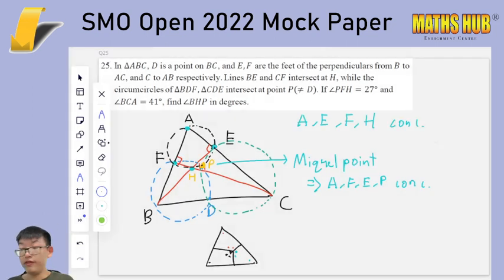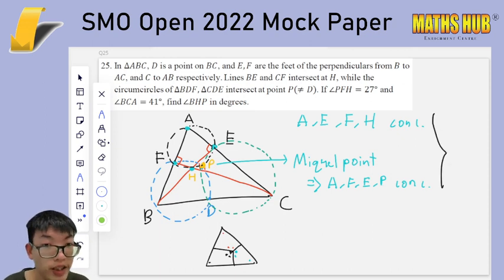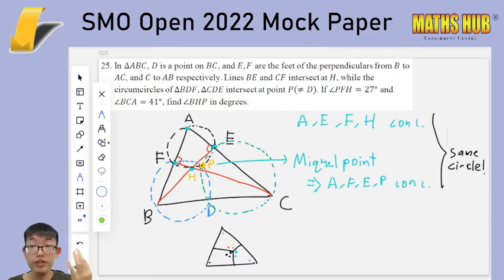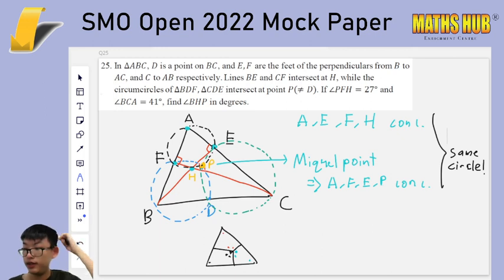And now we have got plenty of choices for how we want to finish. I'll just remark, same circle, because they share 3 common points, so it must be the same circle.